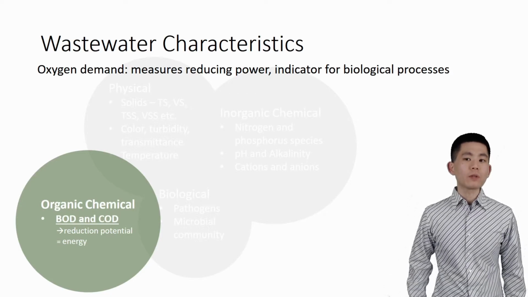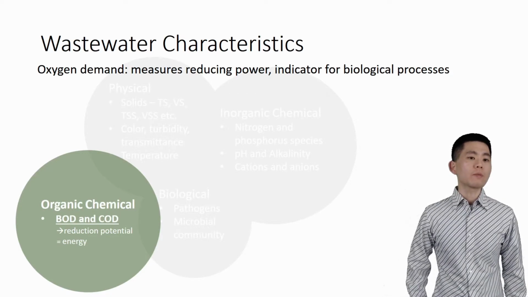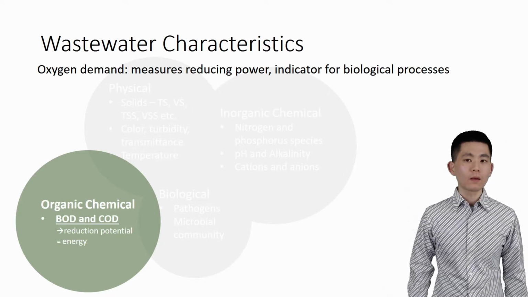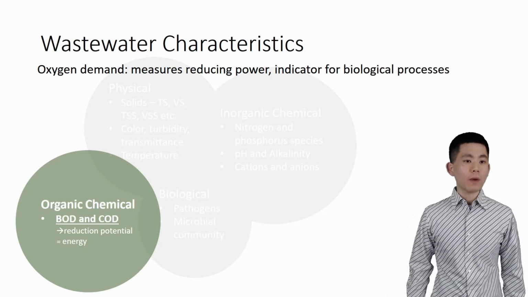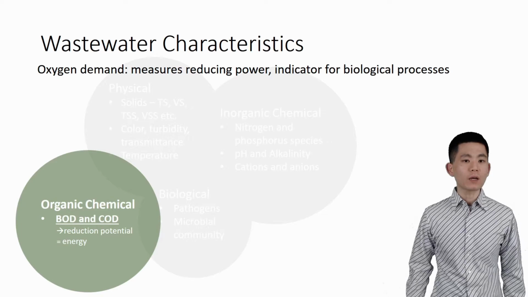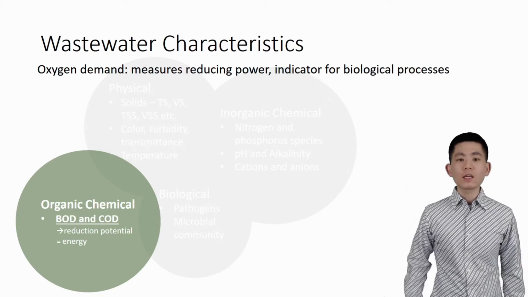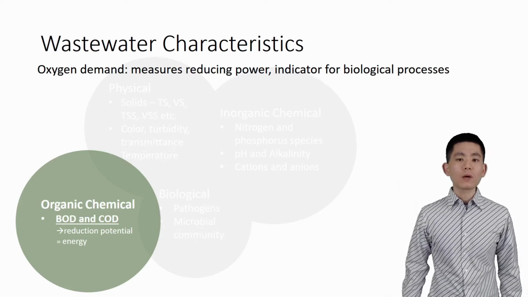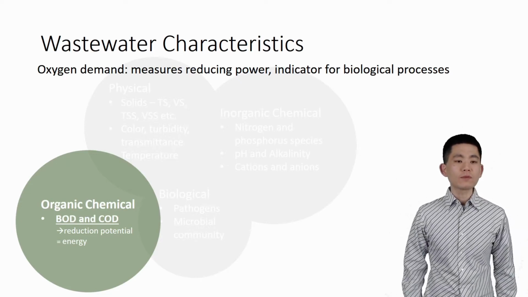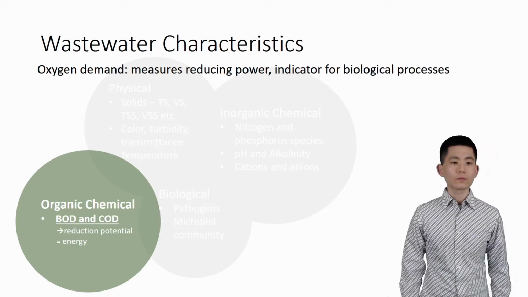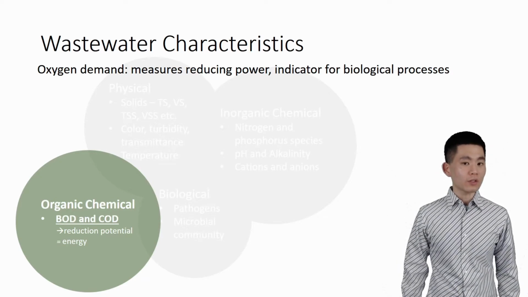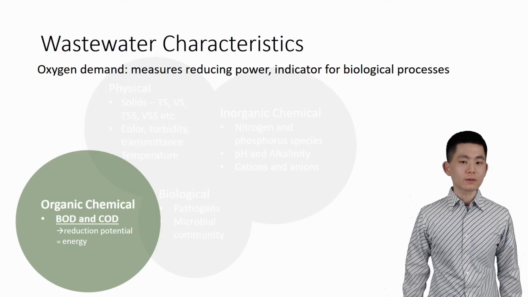It measures the reducing power, which is the ability of a compound or a combination of compounds to donate electrons. This can determine how much biomass will grow from these compounds in combination with yield, and how much electron acceptor is needed for their removal. It is an important indicator for biological treatment processes.